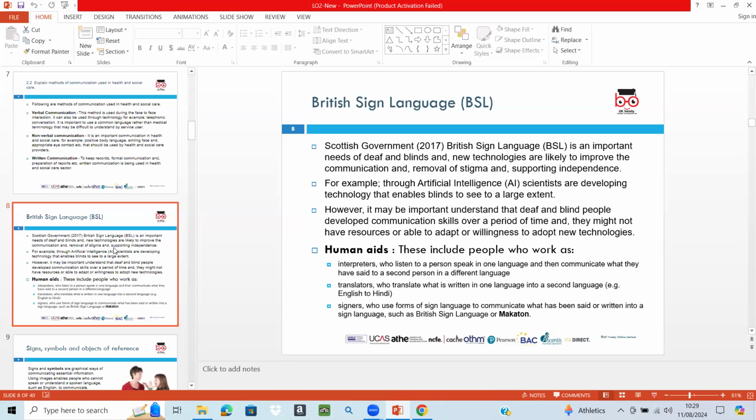For example, when working with a service user who is deaf, using British Sign Language ensures that they can fully understand and participate in their care.